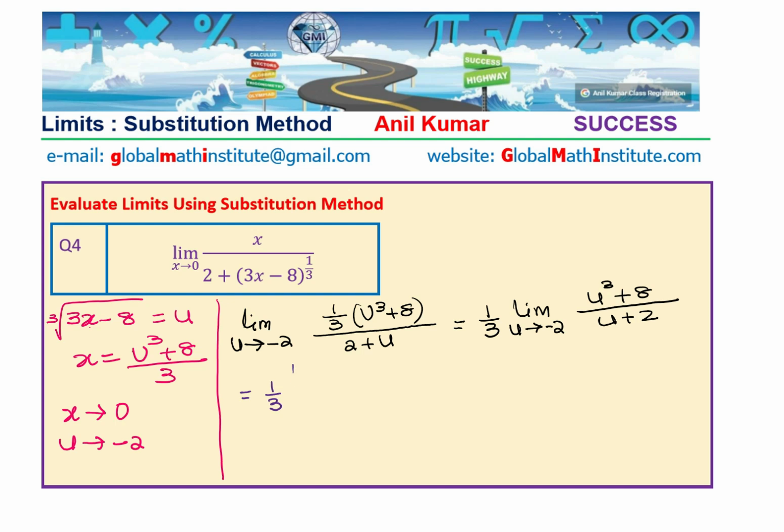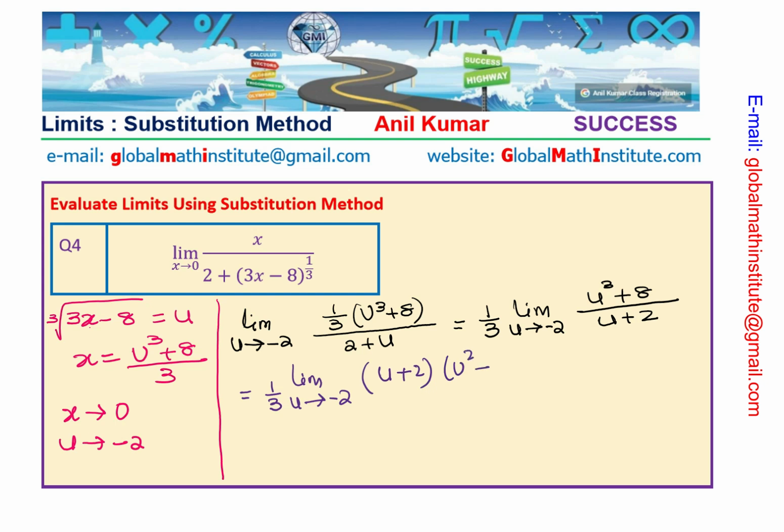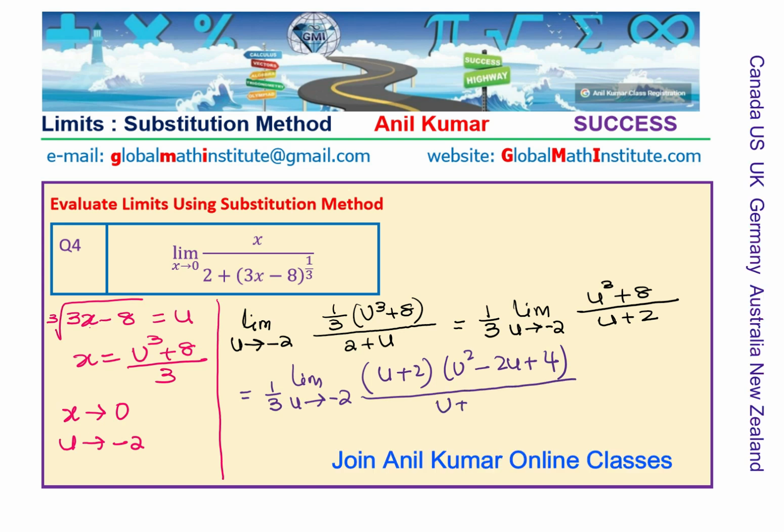the limit as u approaches minus 2 of u cube plus 8, which can be expanded as u plus 2 times u square minus 2u plus 4, over u plus 2.